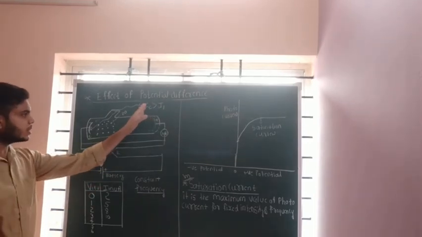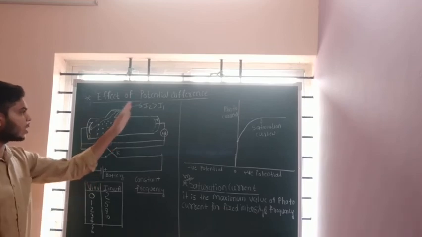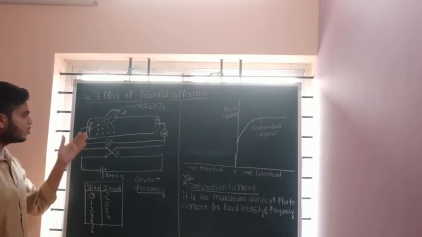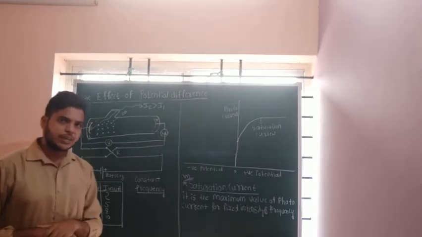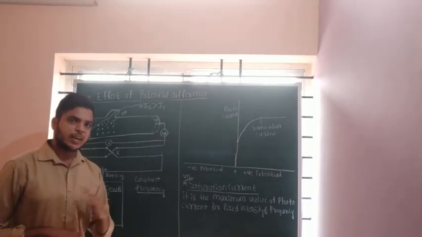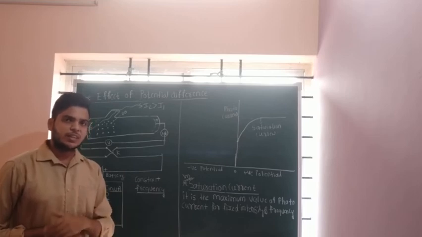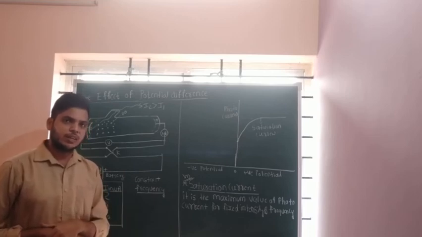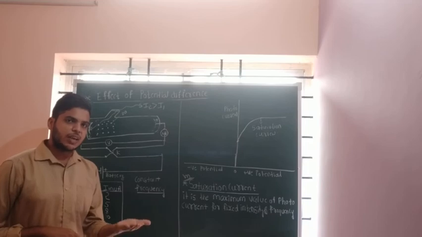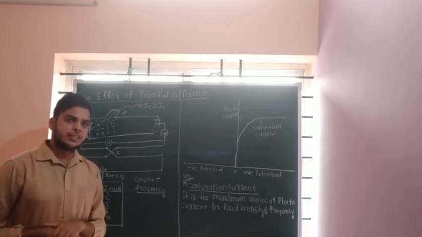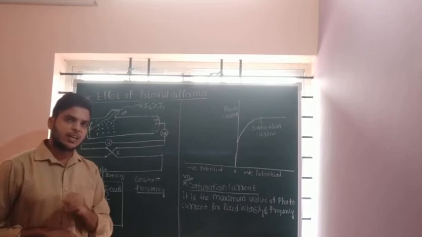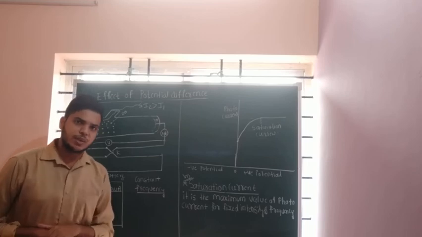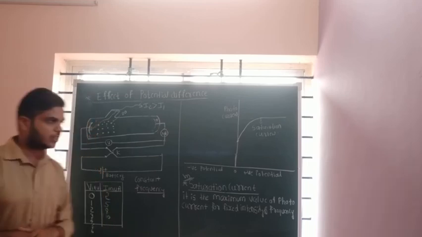When you increase the intensity, more light falls on the emitter plate, so more electrons come out. In the first case 10 electrons are emitted, in the second case 20 electrons. These electrons have the same energy, because we are not changing the frequency. The energy is the same, only the number is changing.